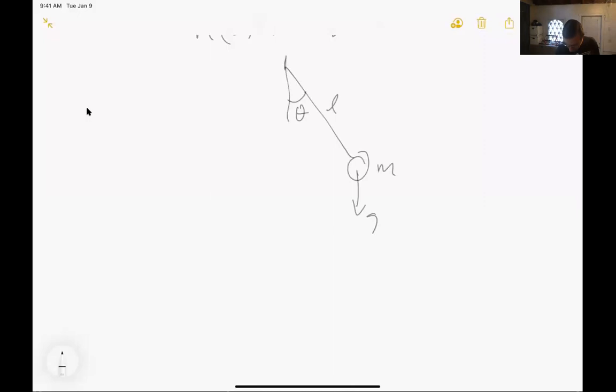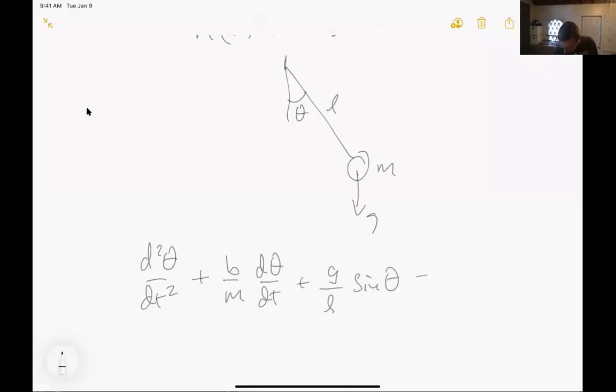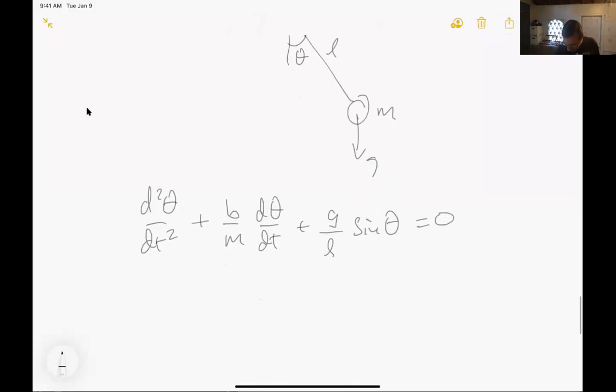So the differential equation you end up with, it's a second order differential equation, is this. And it's this term that's new. That's the friction term. B is how much friction there is in this system.